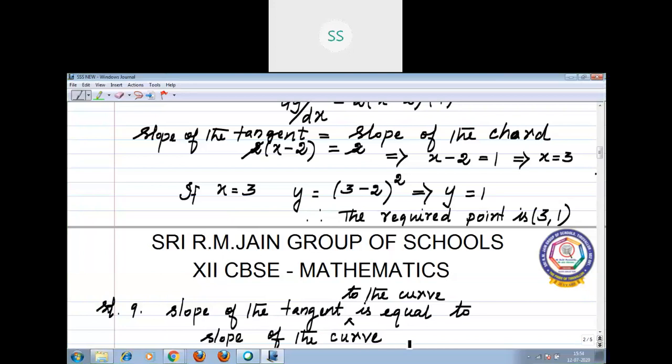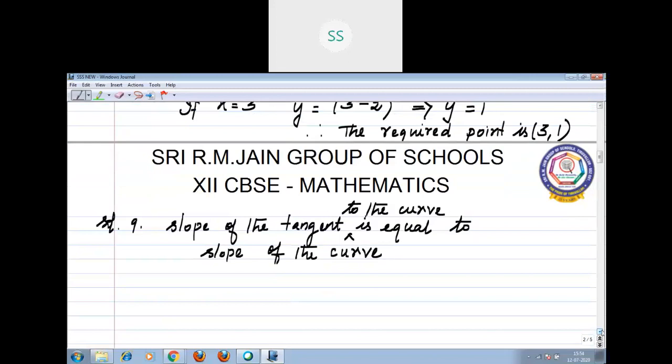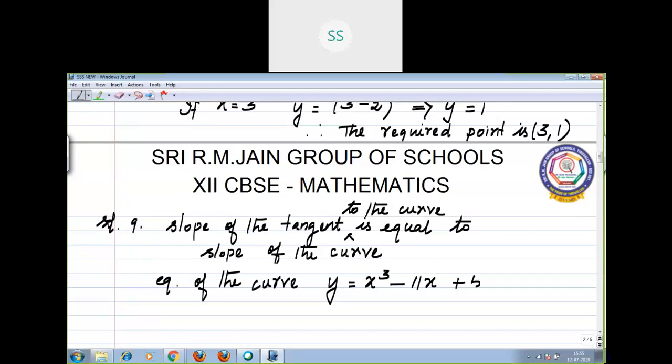What is the equation of the curve given to you? Equation of the curve, y is equal to x cube minus 11x plus 5, right?